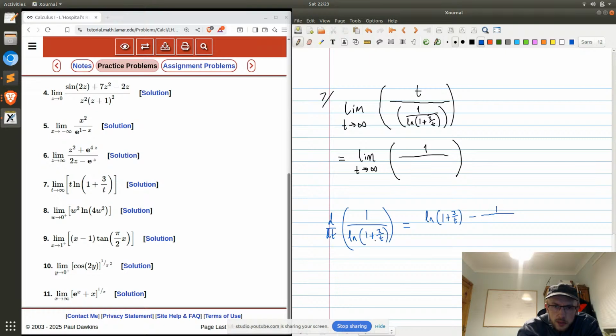Differentiate that. Okay, I think it's 3 over 1 add. No, totally wrong. Try again. The bottom is 1 plus 3 over t. That's correct. Now differentiate the inside. Okay, 3t to the minus 1 becomes negative 3t to the minus 2.